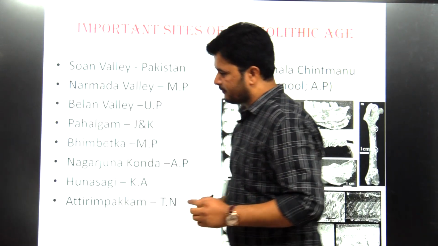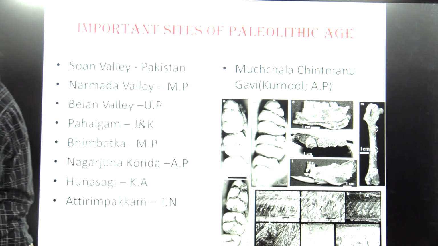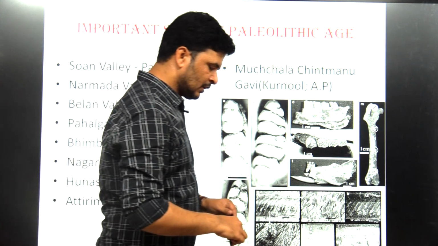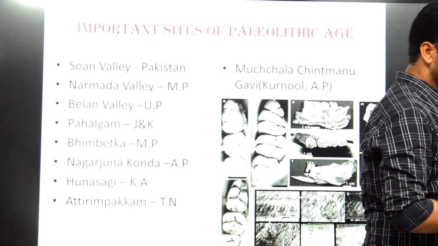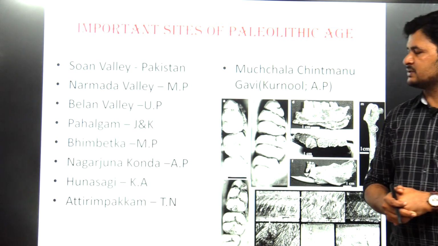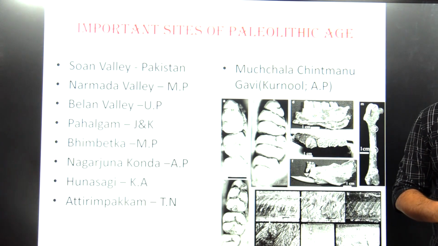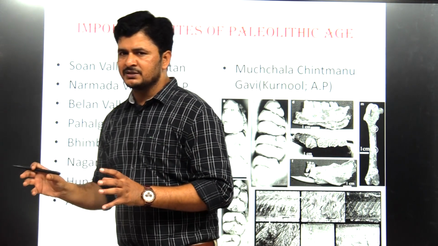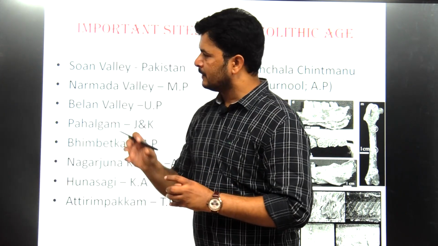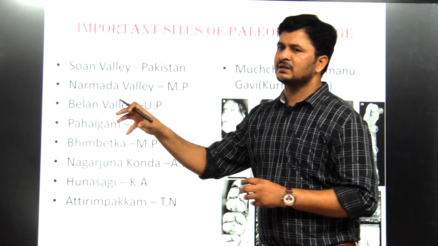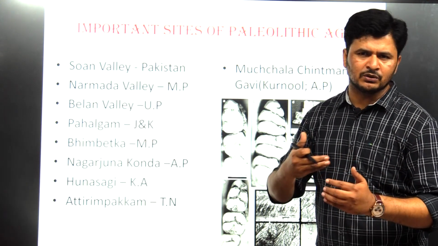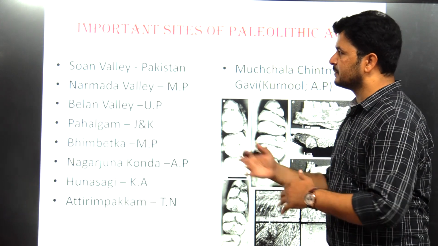Now with this background, have one or two facts related to important sites. When you go through previous question papers, we generally get odd one out questions, please. When I say odd one out, three important sites, very prominent sites, from one culture, Paleolithic, another from a different culture, Meso, Neo, Chalco, or vice versa.